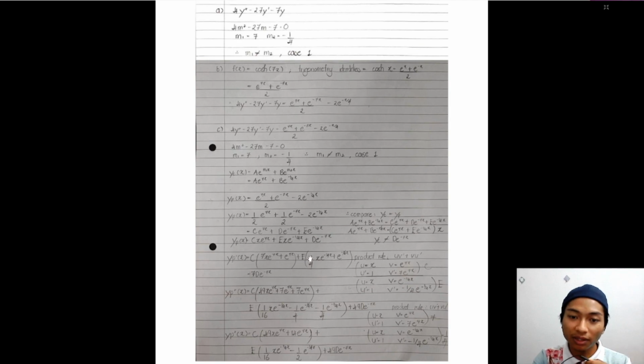And the same with e, where the product rule applies, so the equation is e multiplied by negative 1 over 4 x e to the negative 1 over 4x plus e to the negative 1 over 4x, and minus 7d e to the negative 7x. This is the final equation for yp prime.